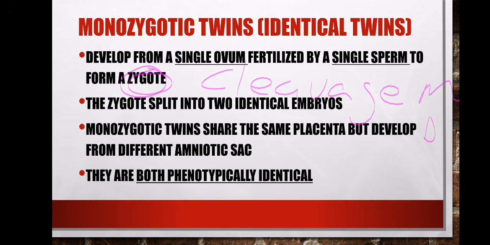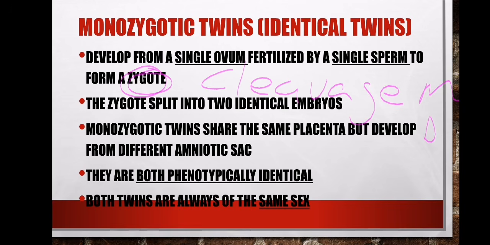So as a result, since they share the same genes, when you look at them physically, they will be identical. Coming to the issue of gender, they will have the same gender because if the sperm cell contributes the X chromosome, both the twins will be female.